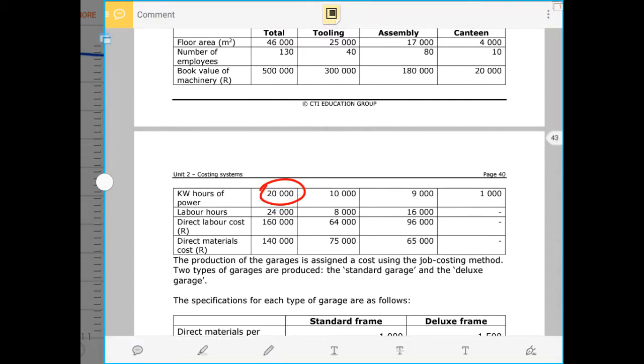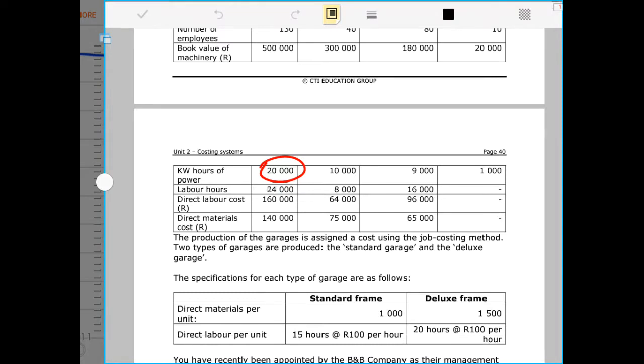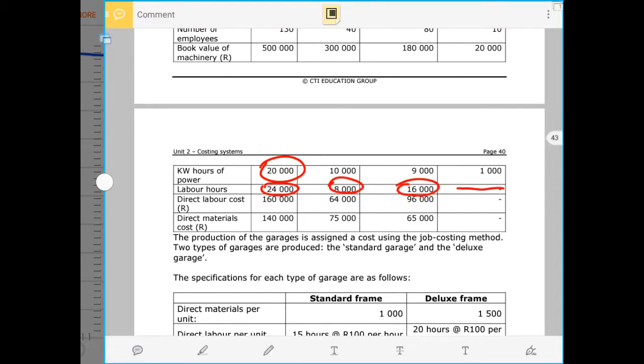Then we have the number of labor hours, which is 24,000, 8,000, and 16,000, and there are no labor hours under the canteen in this case.